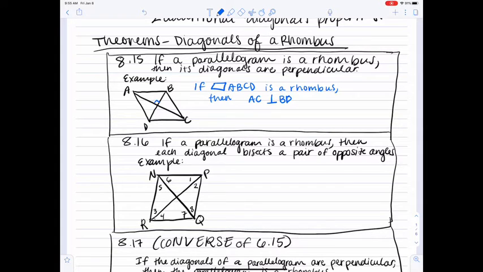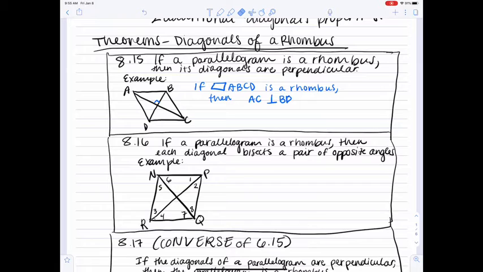Okay, 8.16 says that if a parallelogram is a rhombus, so same start, then each diagonal bisects a pair of opposite angles. That's one that we haven't seen much of before. So let's look at this example here.